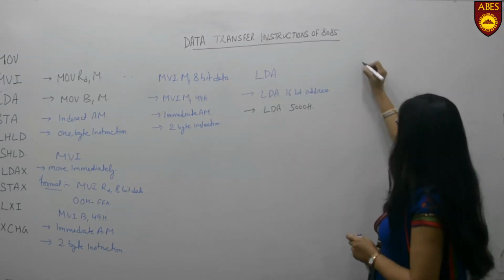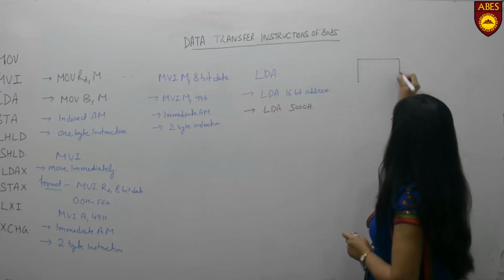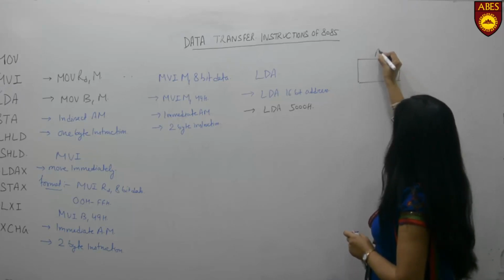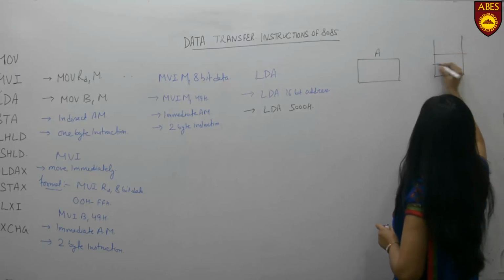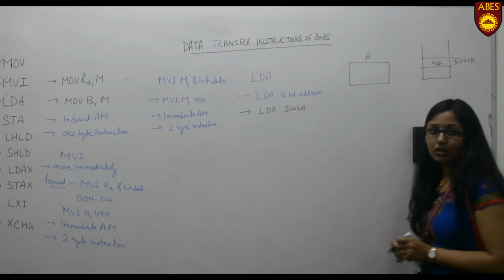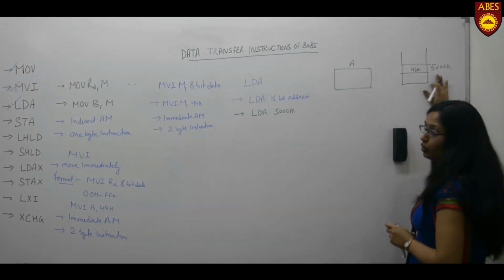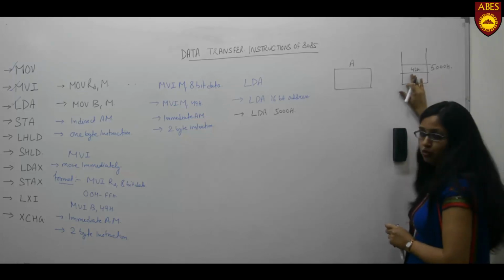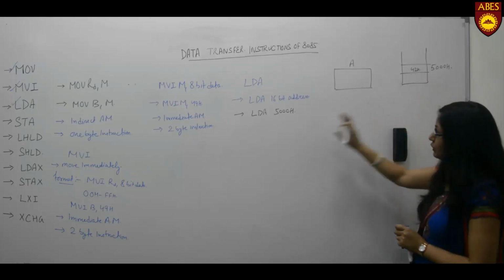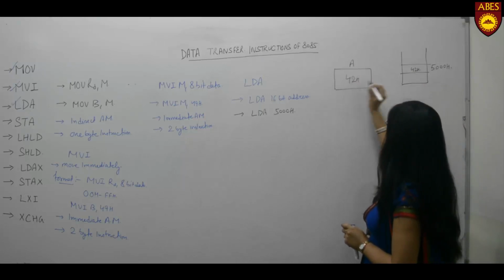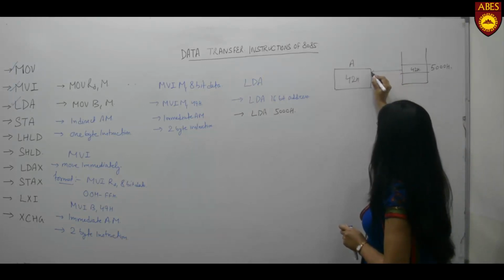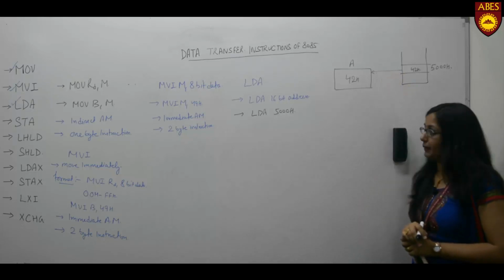For example, the content of memory location 5000H is 42H. After the execution of this instruction, the content of the accumulator is 42H, meaning this data is transferred over here.